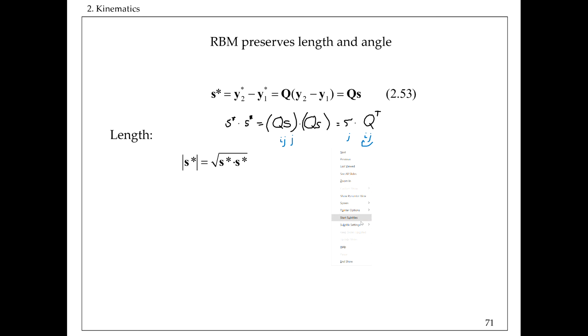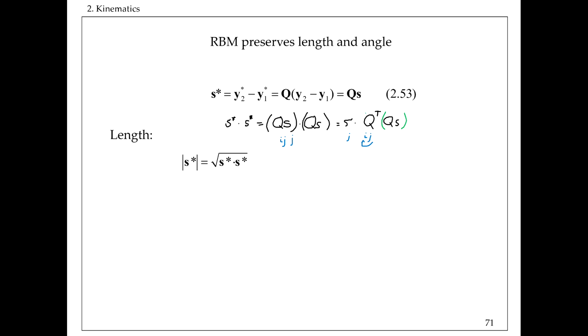And so then the second part is not changed, and we still have this QS, which is a vector. If you look at this whole thing one more time, you have this QS, which is a vector, then this Q transpose acts on that vector, so this is another vector, and then it multiplies with a dot product another vector, so it's still a scalar.